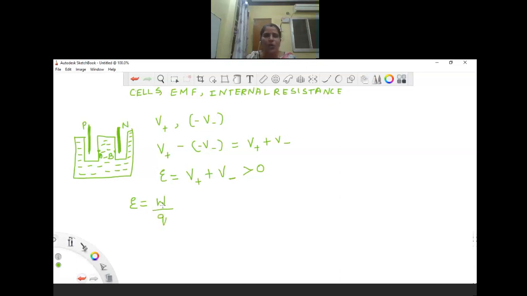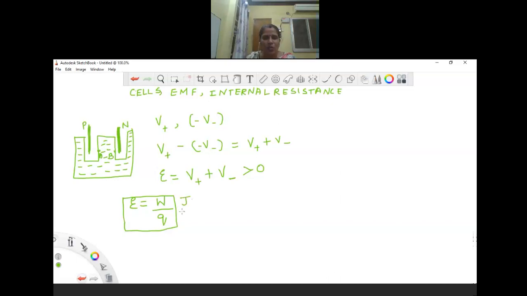If you assume dW or W be the work done to move the charge Q, then E is the electromotive force. Actually, it is not a force; it is the work done per unit charge. What is the unit of work done?